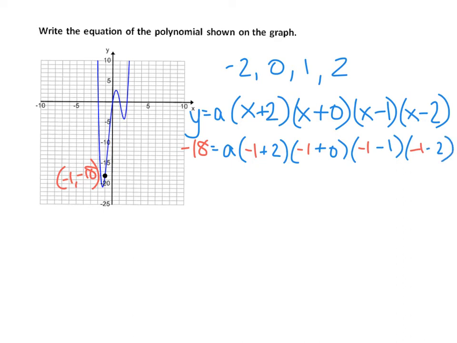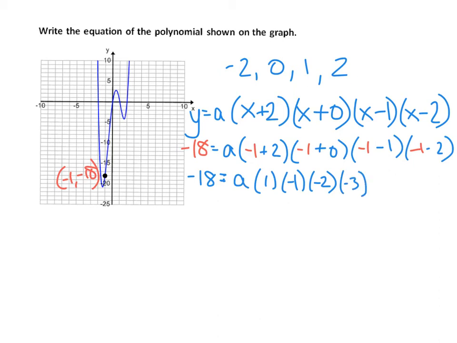Put -1 in for every x variable. Now we'll simplify everything in parentheses. So we still have -18 equals a, sorry, my equal sign, there we go. -1 plus 2 is 1. -1 plus 0 is -1. -1 minus 1 is -2. And -1 minus 2 is -3.